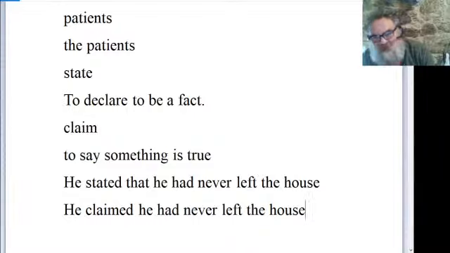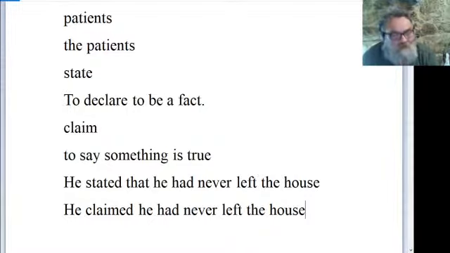If I say he stated, he said, and he declared that it was the truth, that he'd never left the house. If I say he claimed he had never left the house, I'm suggesting maybe what he said was not actually the truth. Yeah, so he claimed he had never left the house, but we don't know if he left the house or not.